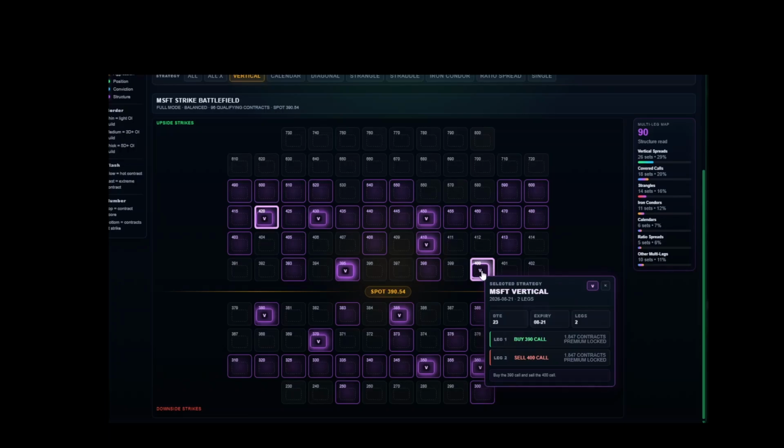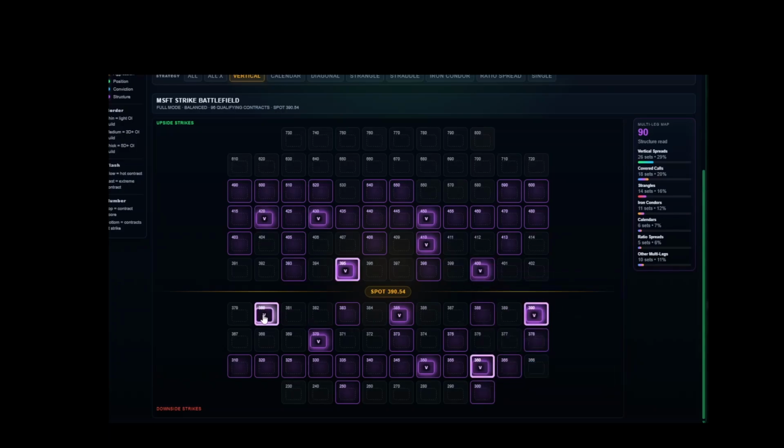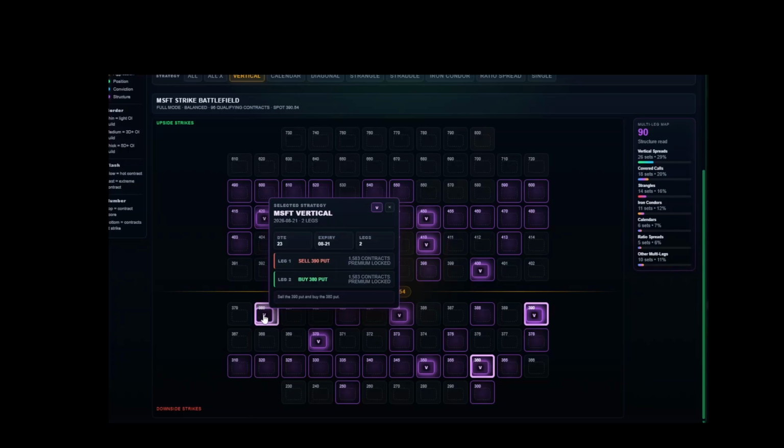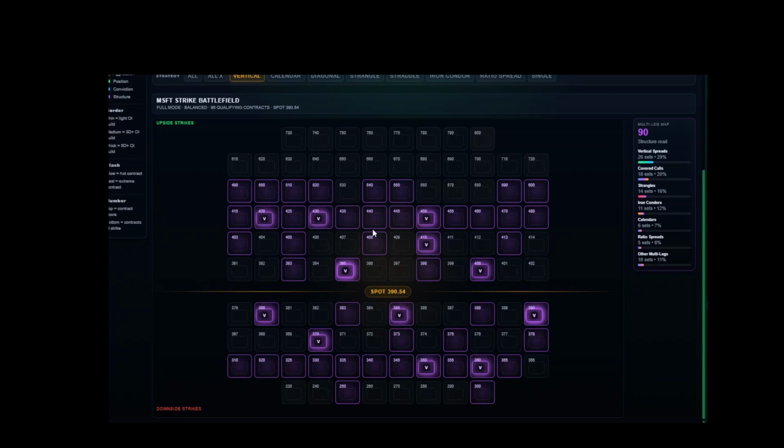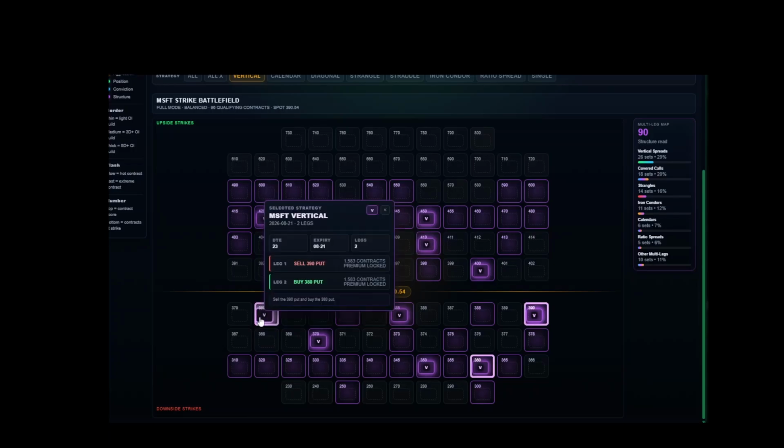Okay, this is one of the positions we reviewed earlier. Let's see, 400. Yep. This one is bullish as well. Essentially, what this player is doing is betting that the ticker will be going above 390 within a month, or 23 days.